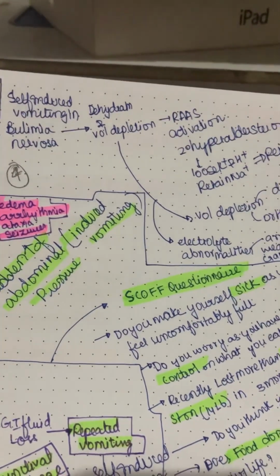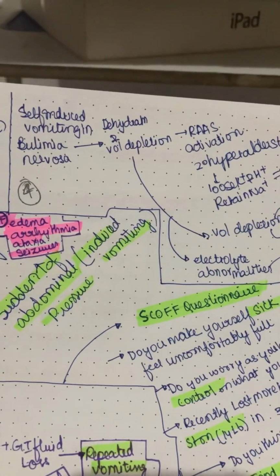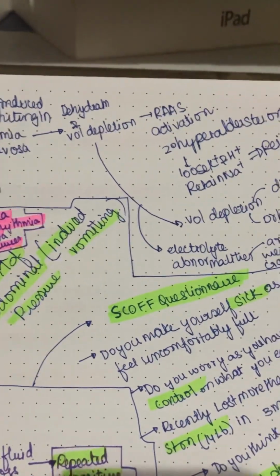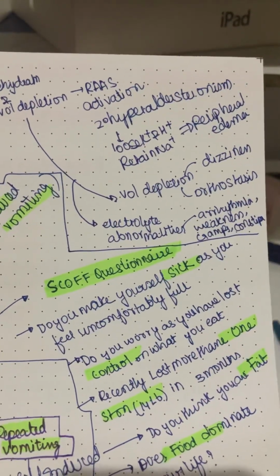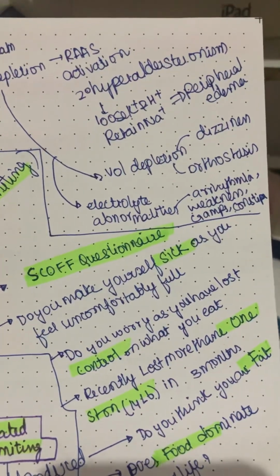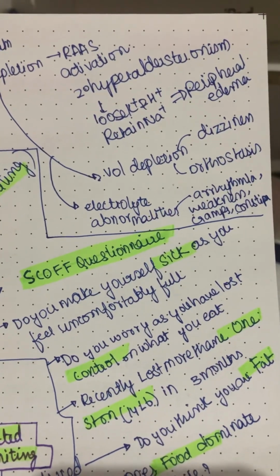What happens to RAAS in bulimia nervosa? Induced vomiting causes dehydration and volume depletion, which causes secondary hyperaldosteronism, peripheral edema. Volume depletion leads to dizziness, orthostasis.